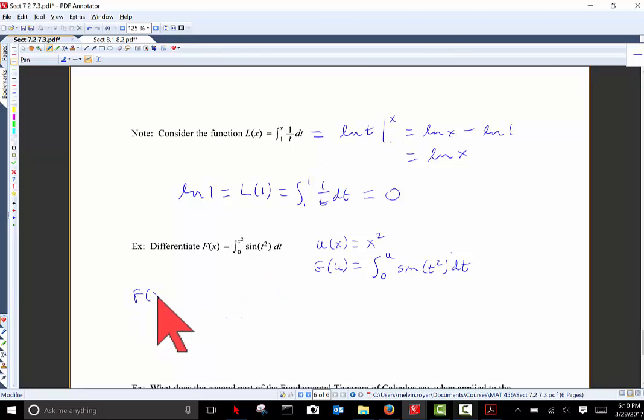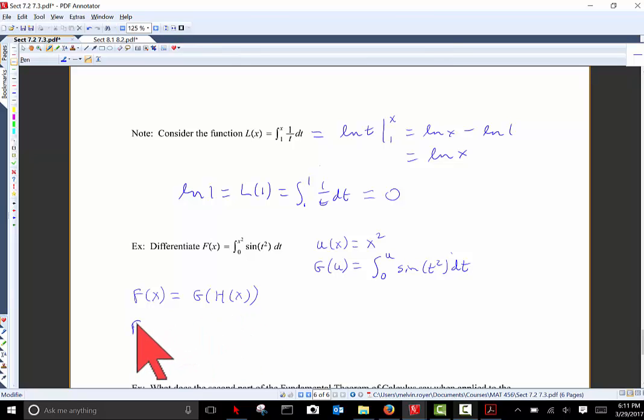So what is F of x in relationship to u and g? My F has an x squared appearing right here. That is just u. So F is the compound function g of u of x.